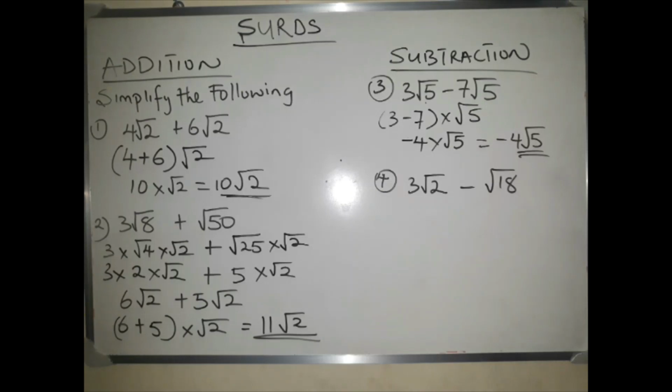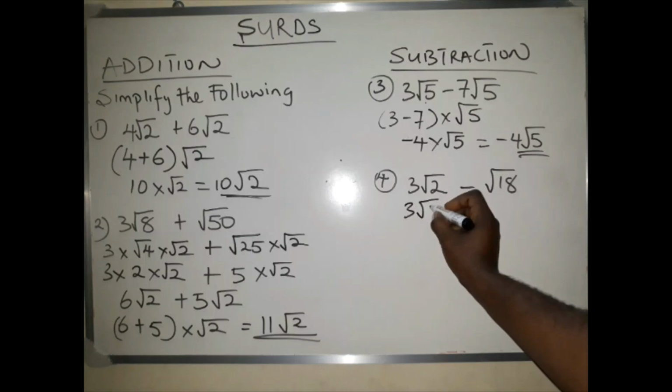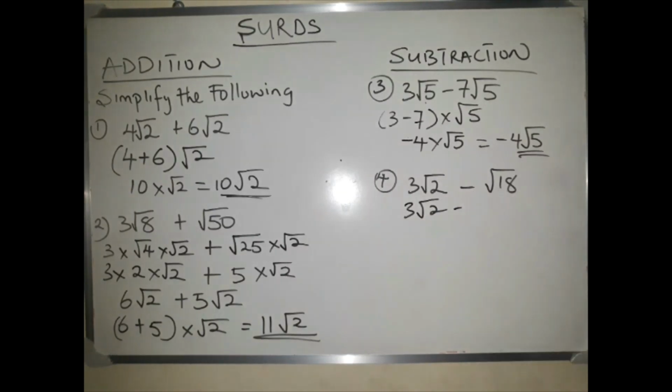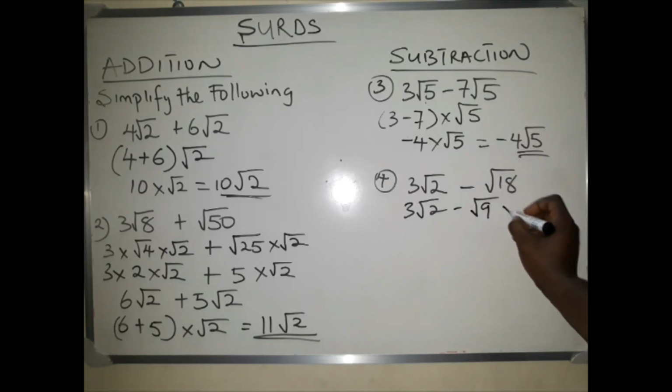Now, to the second example under subtraction, you can see that we have 3 root 2 minus root 18. 3 root 2 cannot be simplified any further, but let's look at root 18 and see if we can simplify it. Represent it with two of its factors, which are 9 and root 2.